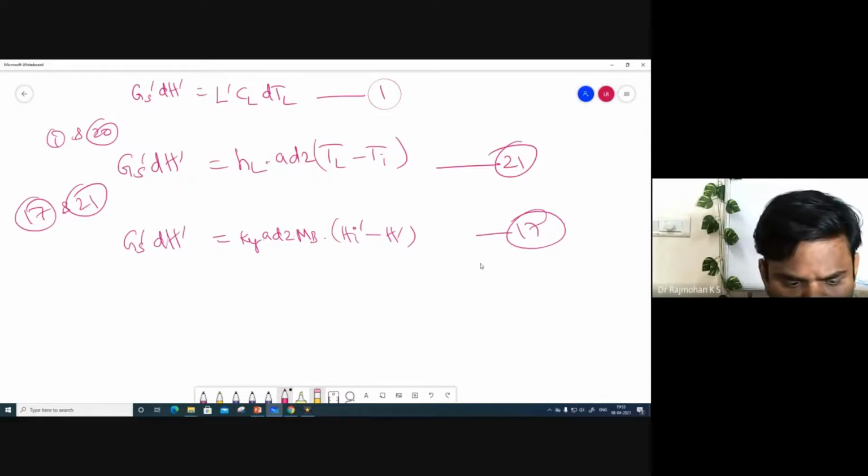If we compare equations 17 and 21, the left hand side is equal, so the right hand side can be equated.